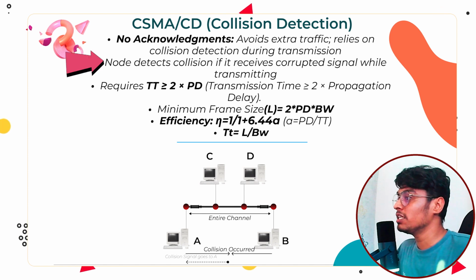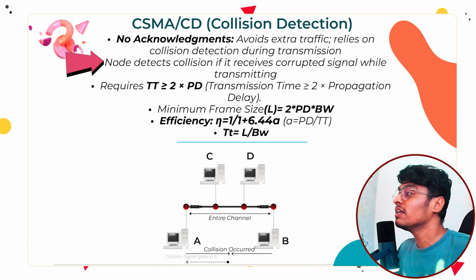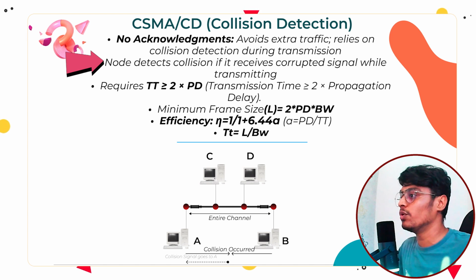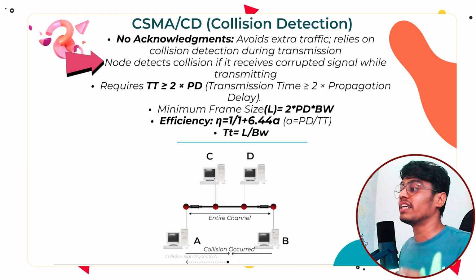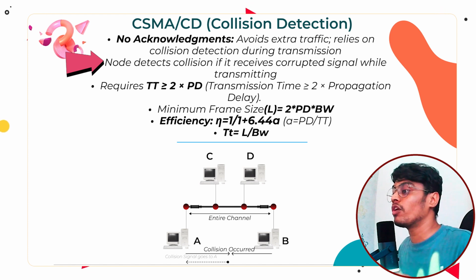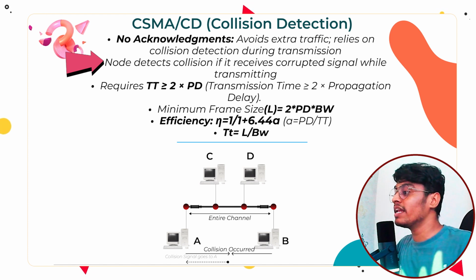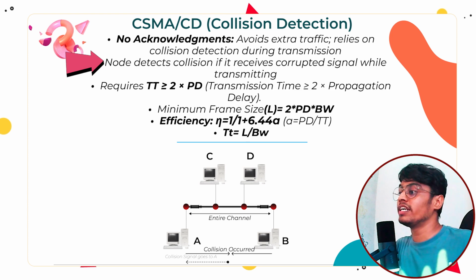But if your transmission is already over and then you receive a collision signal, the station will not be able to determine this. The station might think that some other station's data collided. So there is only one concept of collision detection: when you are actively transmitting and at the same time you receive a collision signal, only then will you know that your data collided.